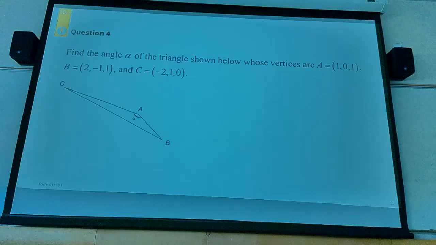What are the angles between directed line segments AC and AB? And what's the formula then? It'd be line segment AB dot AC over the magnitude of AB times the magnitude of AC.